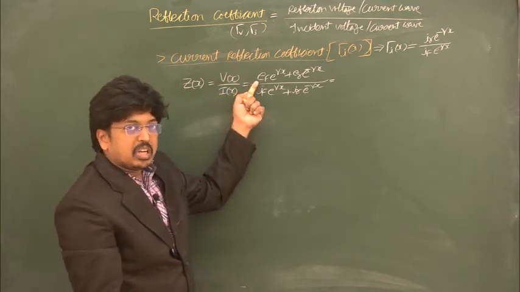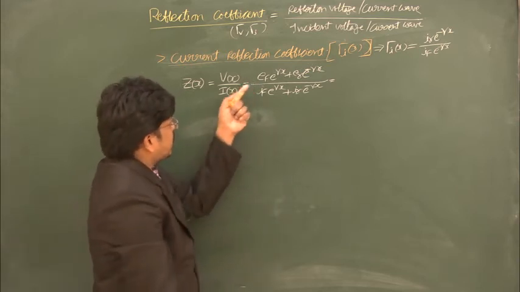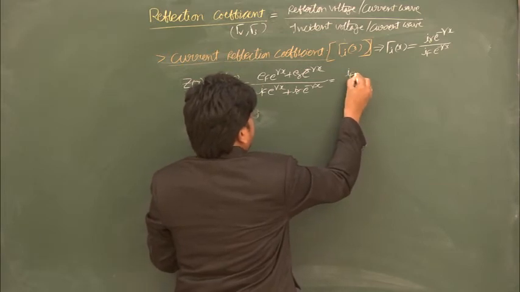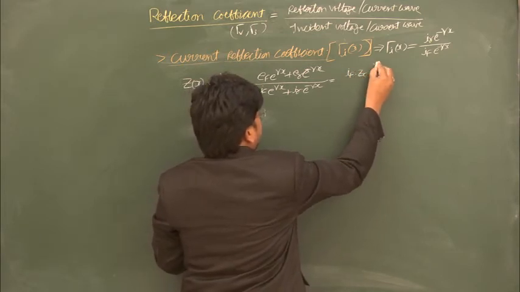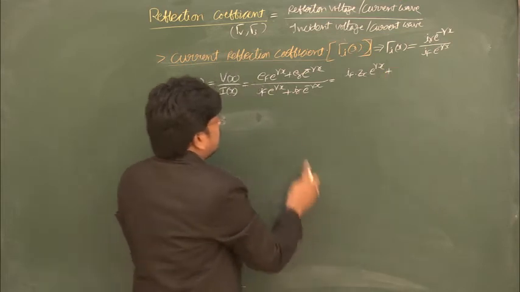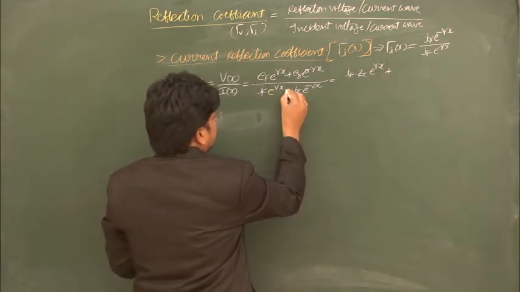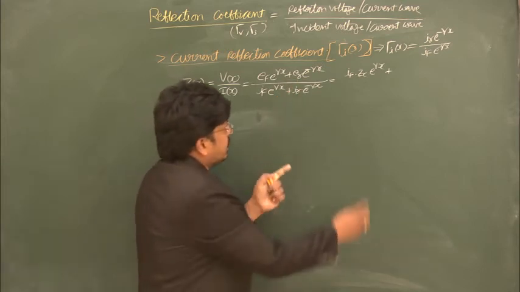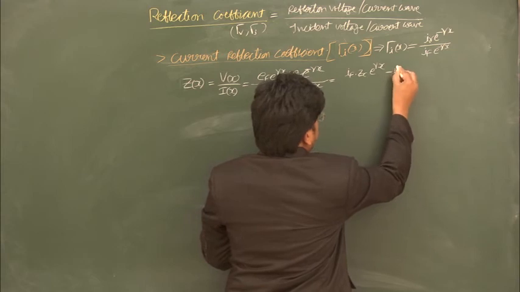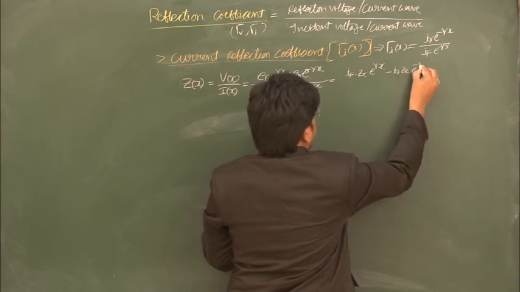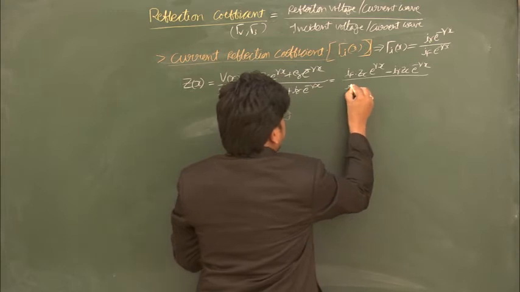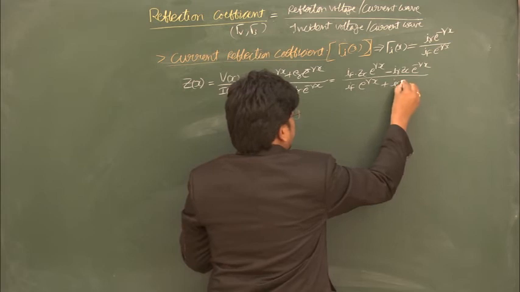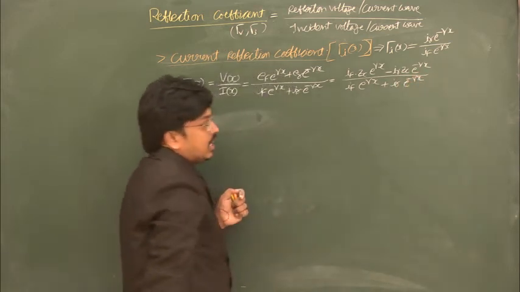We have the relation EF equivalent to IF into ZC. Substituting, the numerator becomes IF ZC e power gamma x plus ER, where ER is equivalent to minus IR ZC, so minus IR ZC into e power minus gamma x, divided by IF e power gamma x plus IR e power minus gamma x.